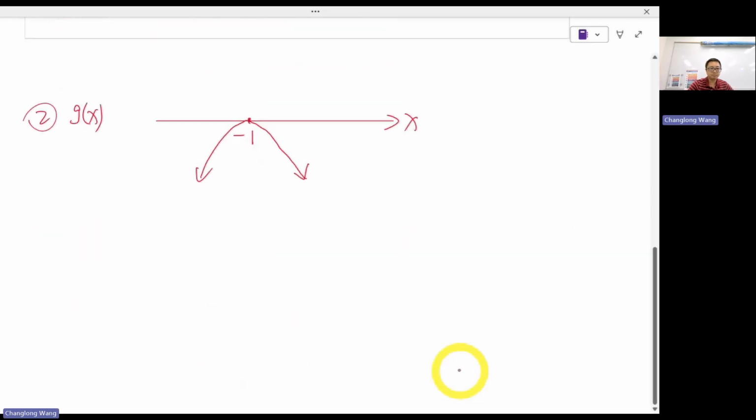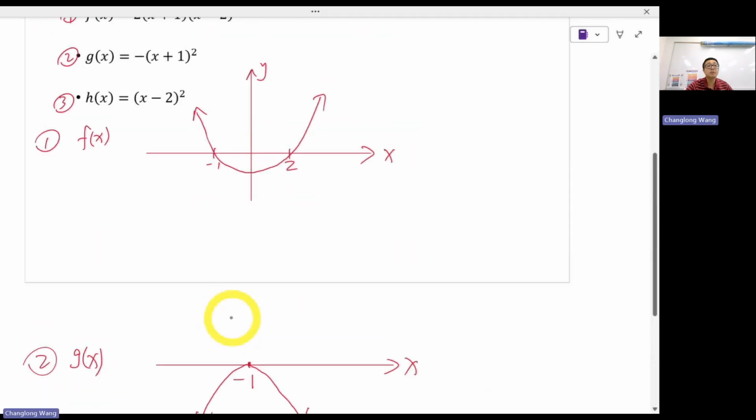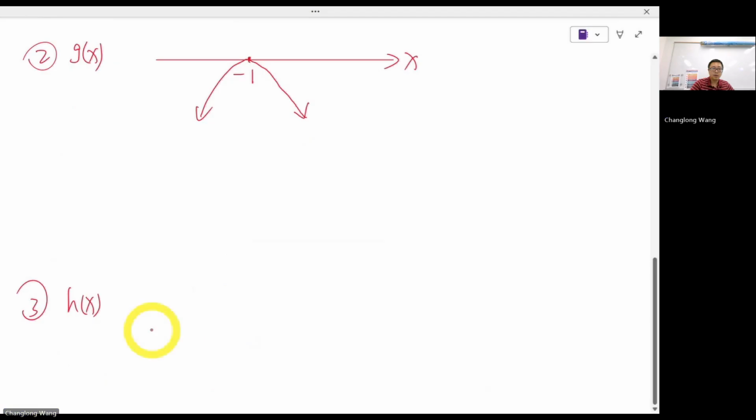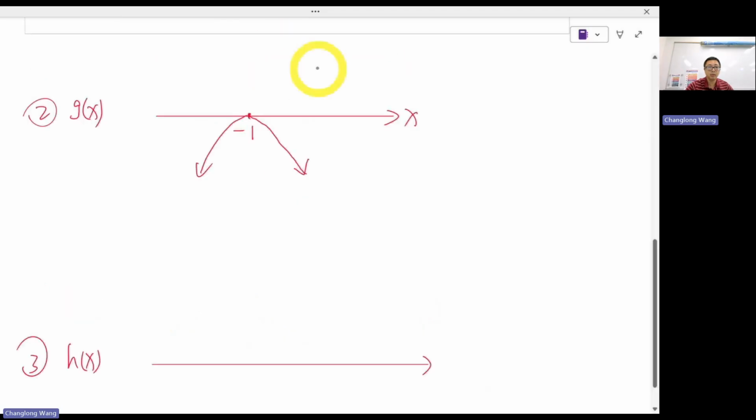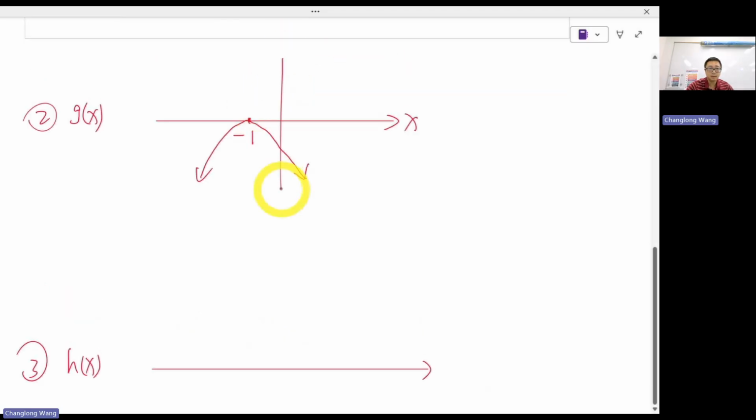All right, last one. H of x. Let's see what it is. X minus 2 squared. Okay. Now, almost the same as the g of x, right? So there's only one. Oh, you know what? If you want, let me put the y-axis there. So it will be somewhere here.